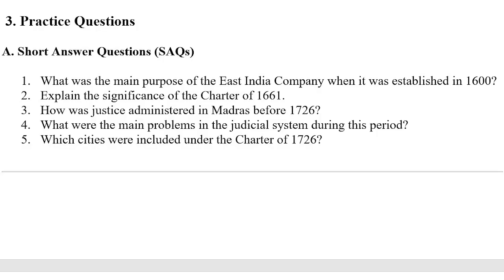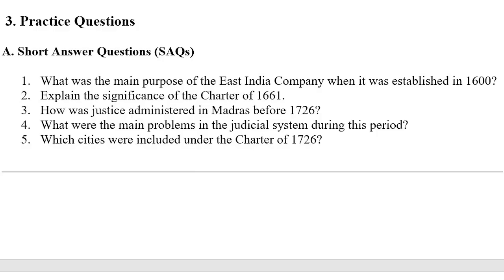How was justice administered in Madras before 1726? Before 1726, the justice was very rudimentary in nature. The governor in council were the main judicial administrators, and the local and the English officers of the company were under the jurisdiction of the governor in council.